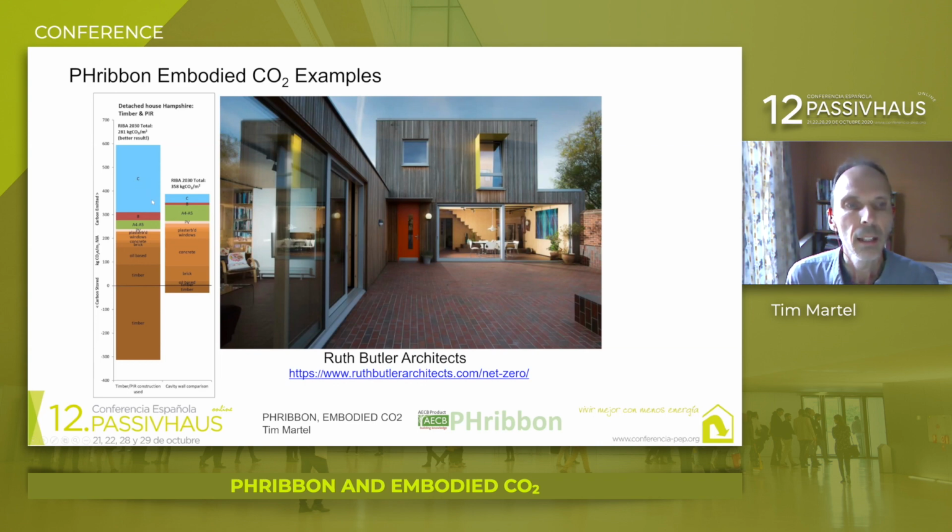The reason this stage C is quite large is because one of the assumptions is that 75% of the timber is incinerated at the end of life. So it's important to consider that, and if we can find another route for that, that would be even better. So if we could recycle that or reuse that, that would be a much better use.